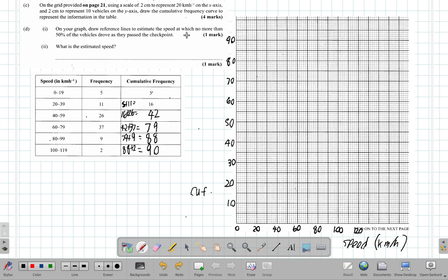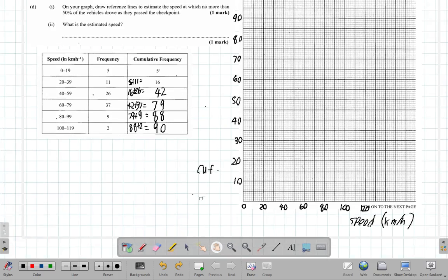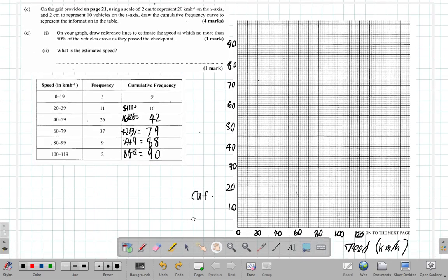Now, what they say you must do, draw the cumulative frequency curve to represent the information in the table. Alright. Let's see what the situation is right here. Let me just bring back down my paper. Now, here you have 0 to 19, 5.